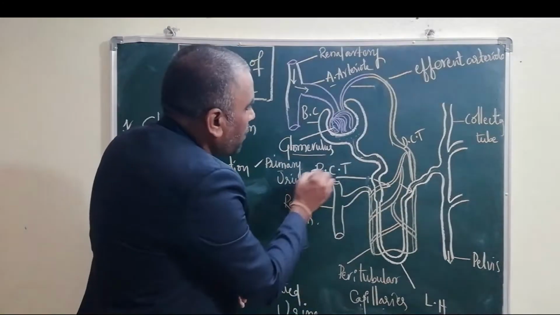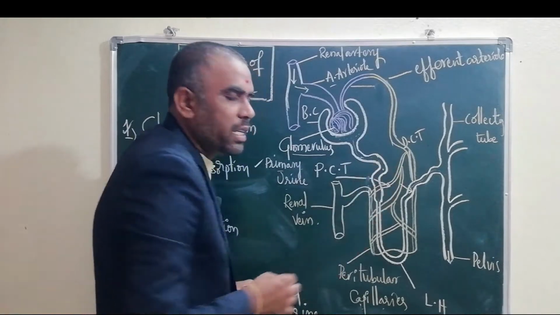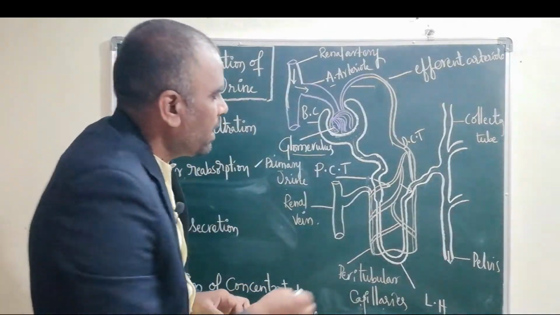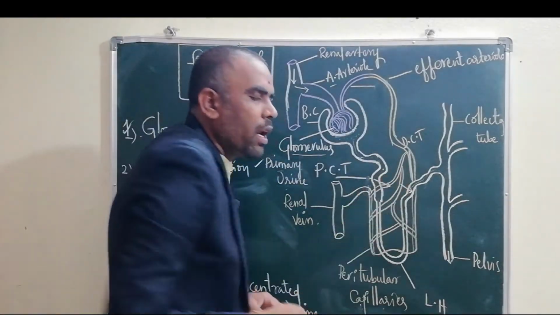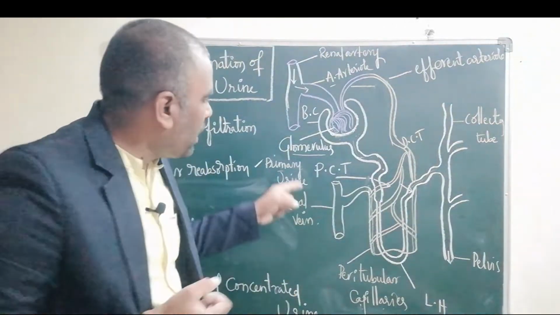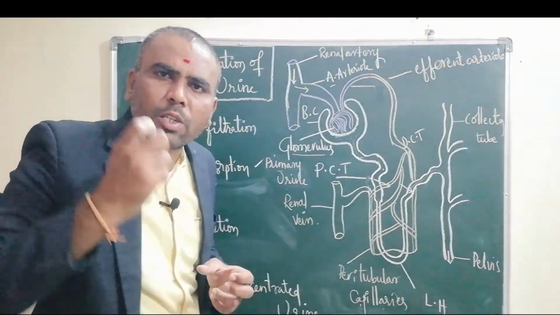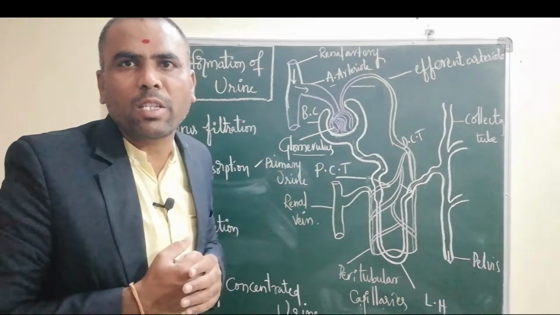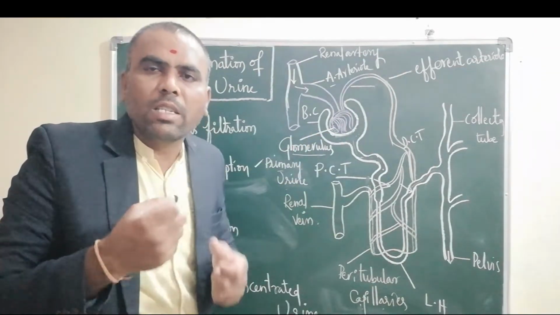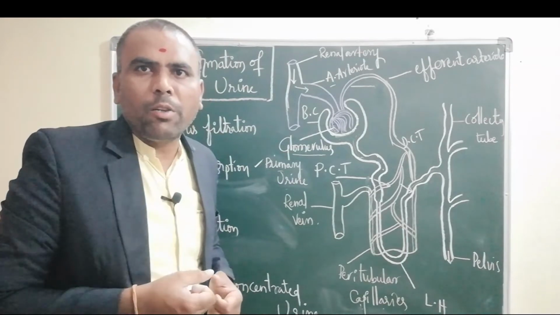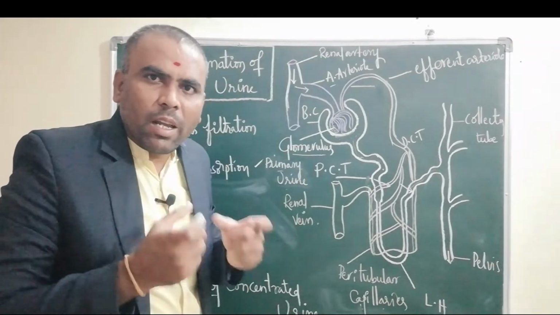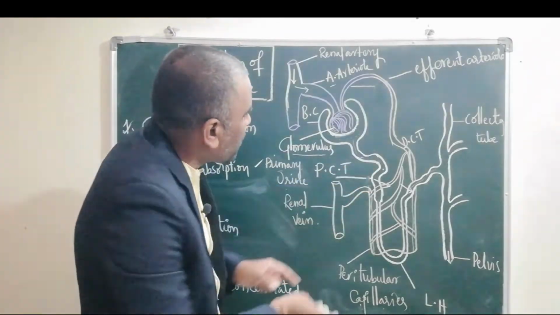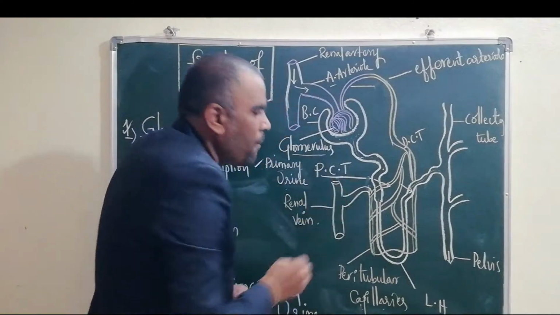Now the primary urine is present in the PCT. What happens here? Here the materials are reabsorbed. I already told you the primary urine consists of a lot of useful substances, even after filtration. These useful substances must be reabsorbed into the body. The reabsorption process takes place in the PCT region.